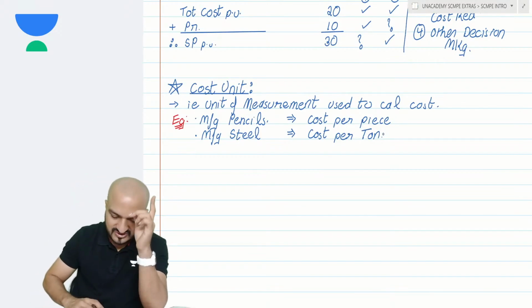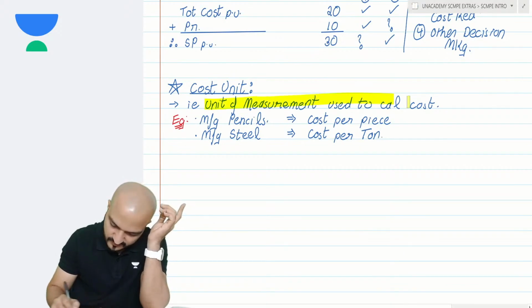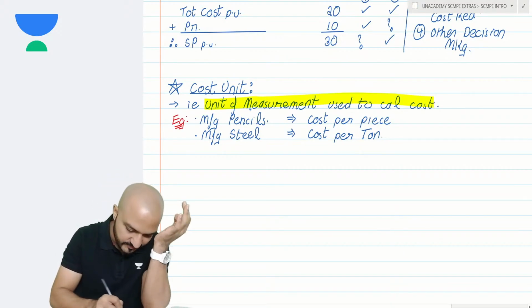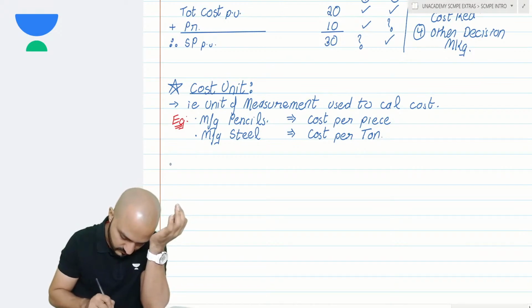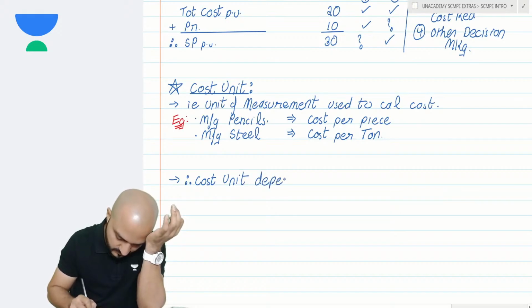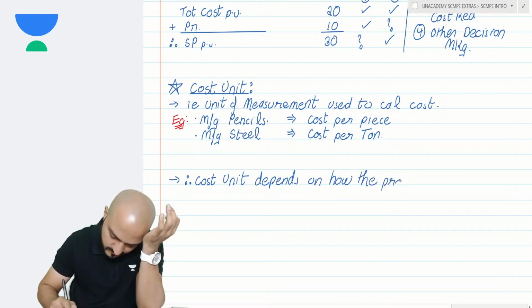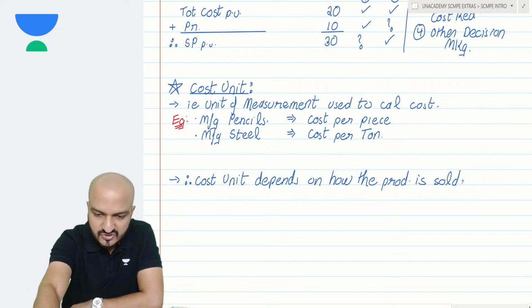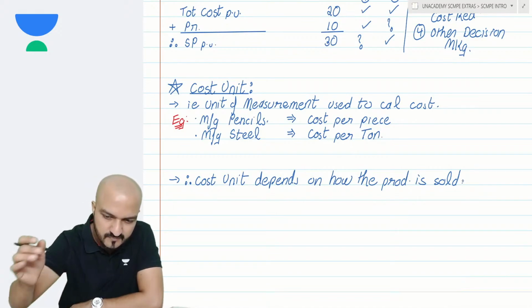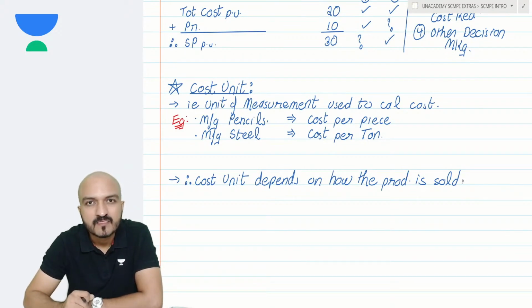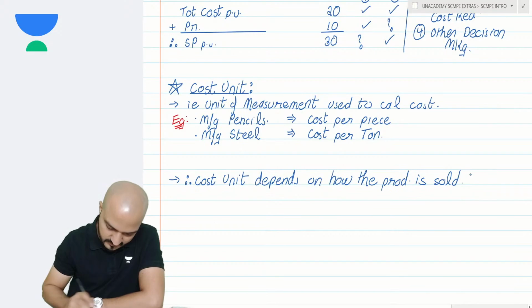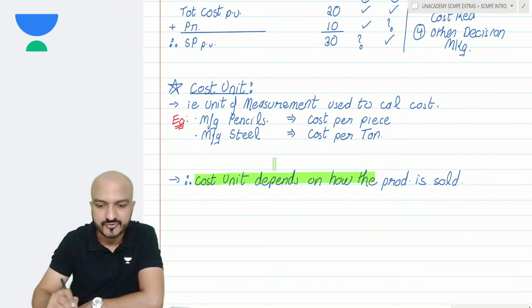So the main concept here: cost unit is the unit of measurement used to calculate cost, and that unit of measurement depends on how the product is going to be sold. That is supposed to be my cost unit.